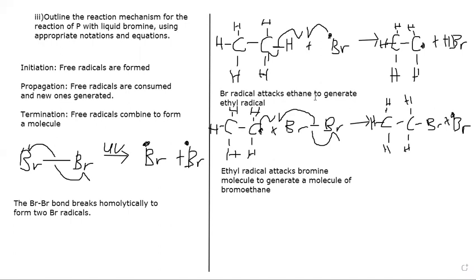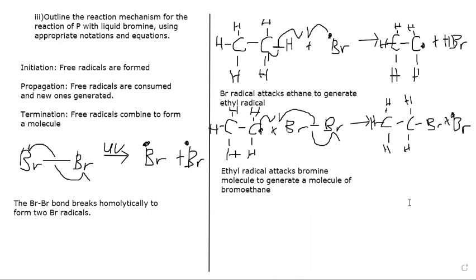Right, so the key thing that happened is that the bromine radical attacked the ethane molecule to give the ethyl radical. And then in step 2, the ethyl radical attacked the bromine molecule to generate a molecule of bromoethane.